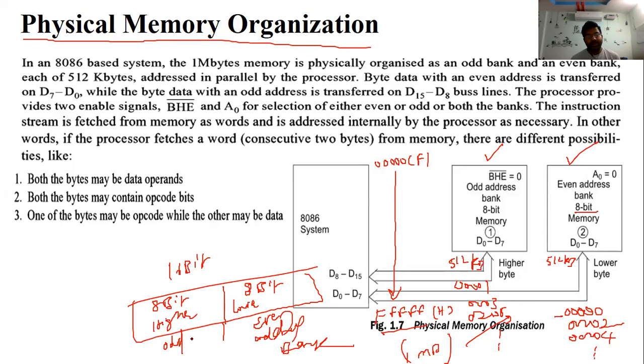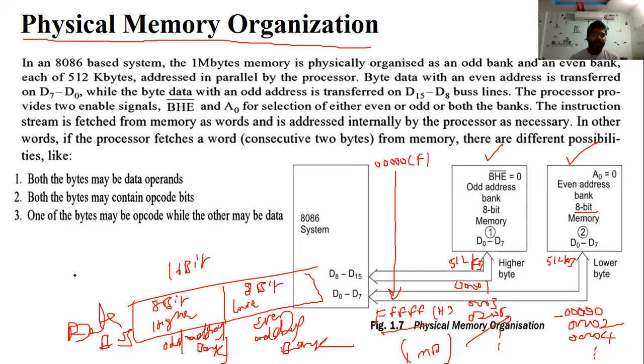This is the data bus. This is the way memory is organized, even address as well as odd address.